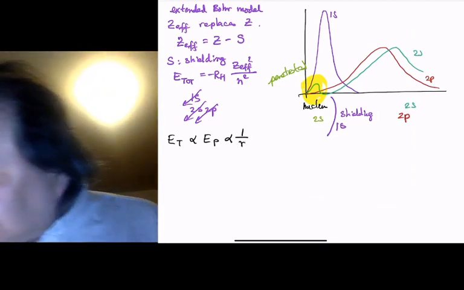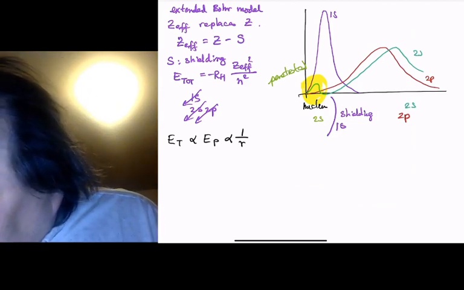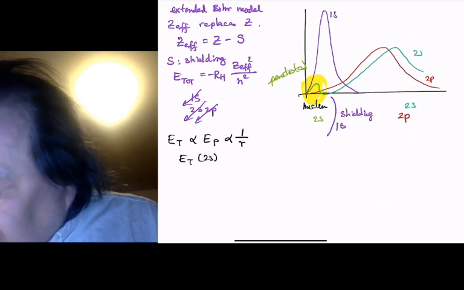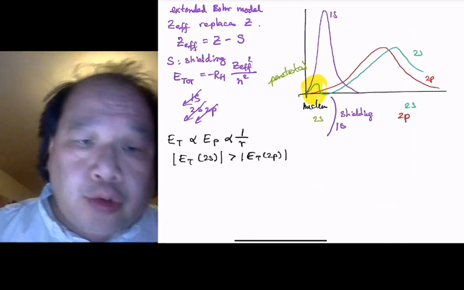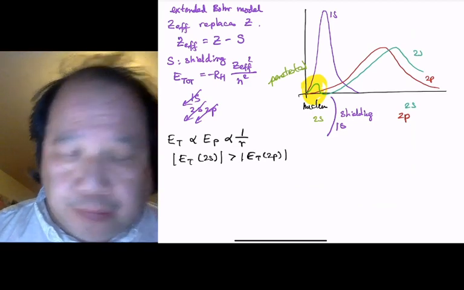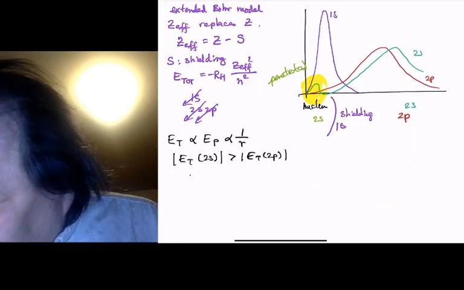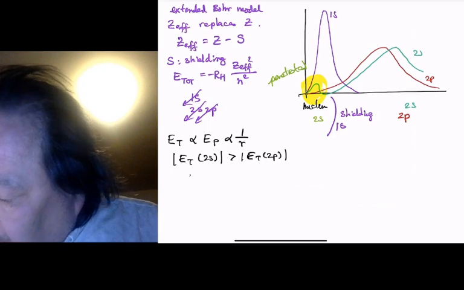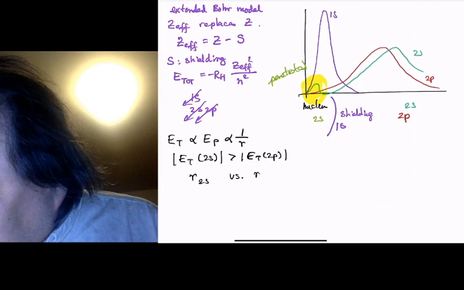And so what's happening then is this. E total of 2s is now in magnitude bigger than E total for 2p. Remember that 2p is closer in energy to the origin. And that means that, since E total 2s is bigger than 2p, what has happened to the r of 2s versus r of 2p?